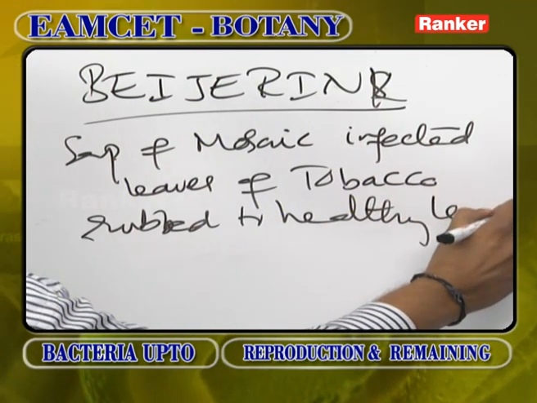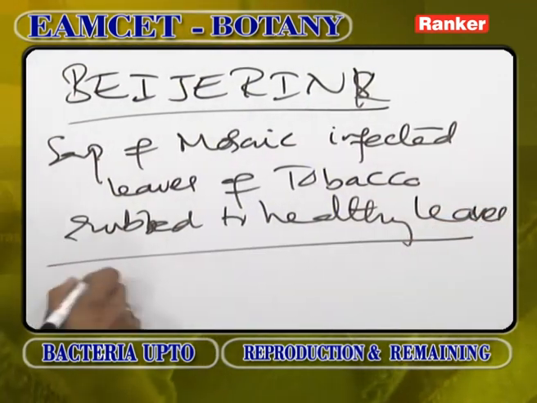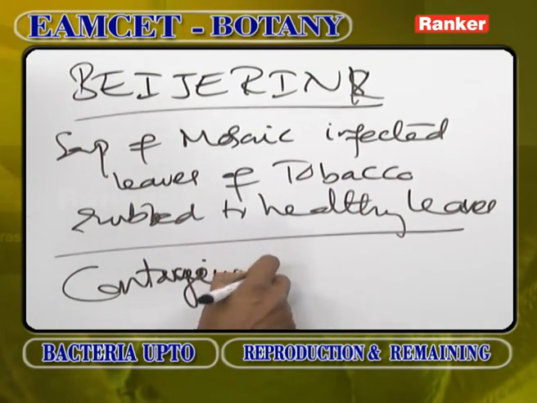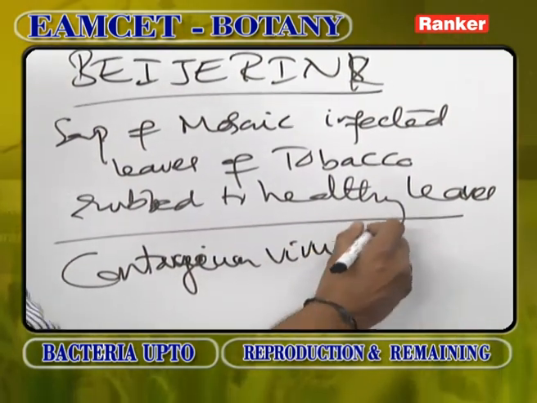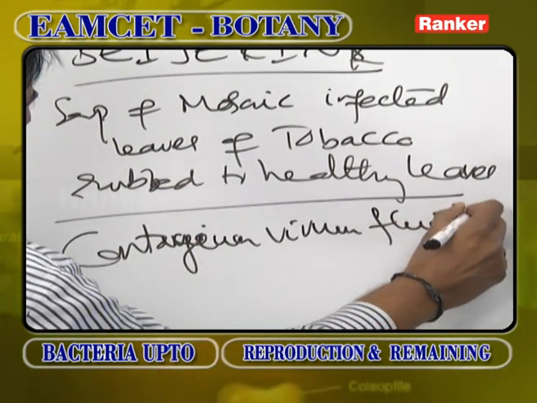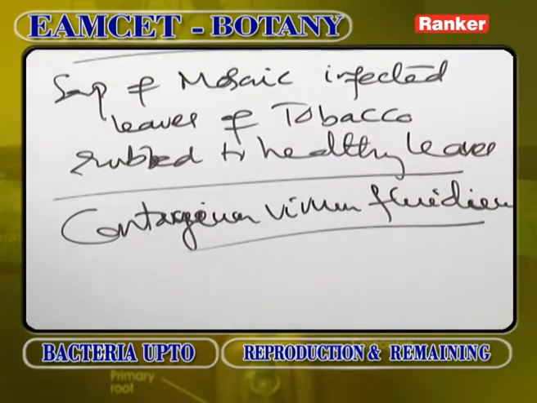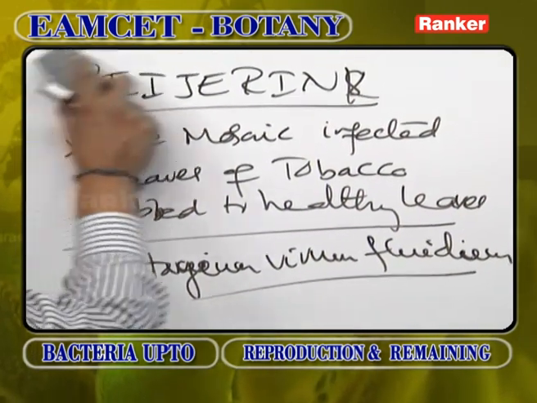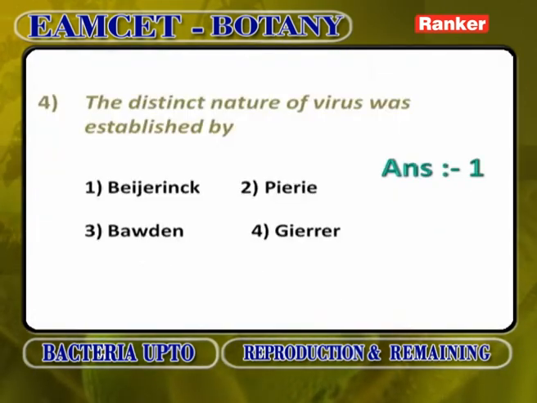Surprisingly, healthy leaves also got the disease. That's why he called that sap Contagium vivum fluidum, which is nothing but contagious living fluid. With this term, he proved the particles present in the sap are causing the disease. Because they are poisonous in nature, causing the disease, he coined the term virus.